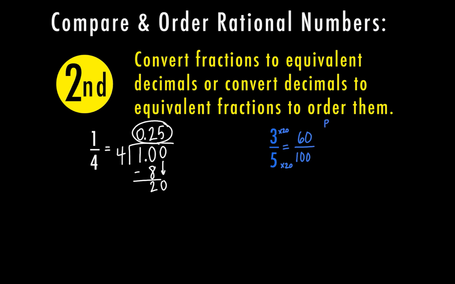And if you remember, percent to decimal means that I'm going to work backwards. I'm going to take my 60% and I'm going to move my decimal 2 places to the left. So 0.6, or 6/10, or 60/100ths, all of those are acceptable as equivalent decimals.